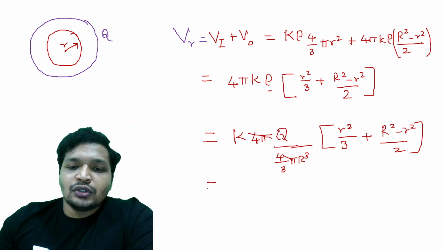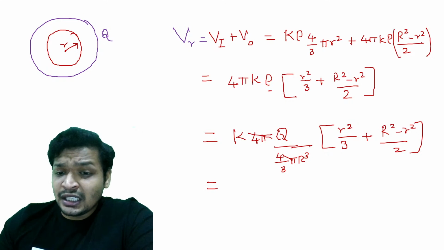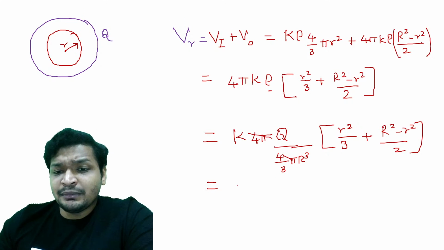So you take this 3, and you would see something like this, K cube.